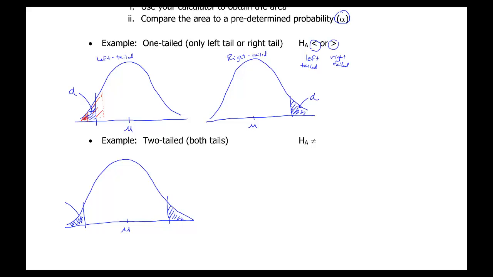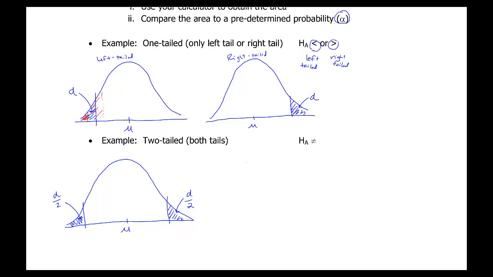Which means that whatever value you choose for alpha, half of it is over here on the left, so alpha over 2, and half of it is over here on the right, alpha over 2. So instead of all of alpha being on one tail, like it was in the one-tailed tests, half of alpha is on the left tail and half of alpha is on the right tail when you are doing a two-tailed test.